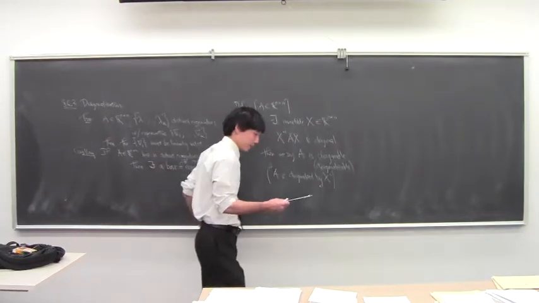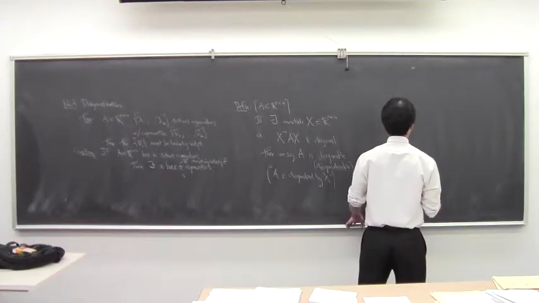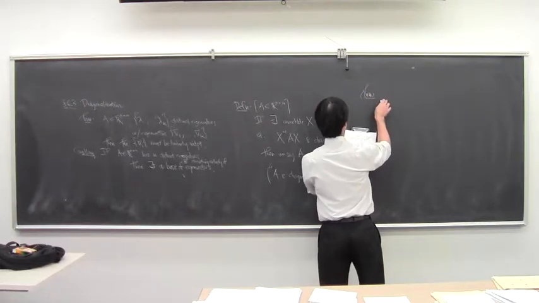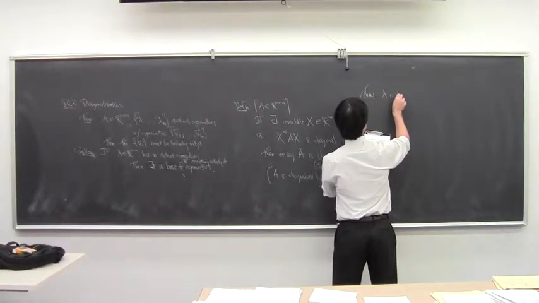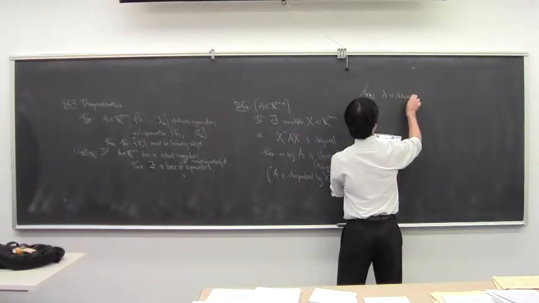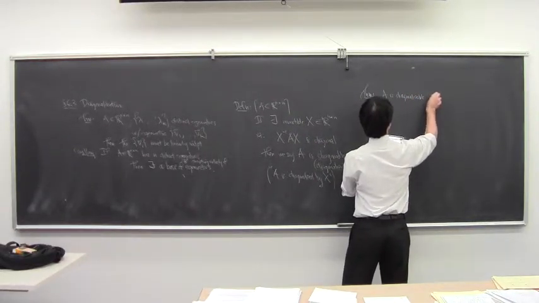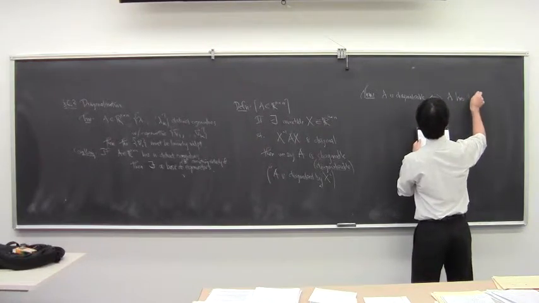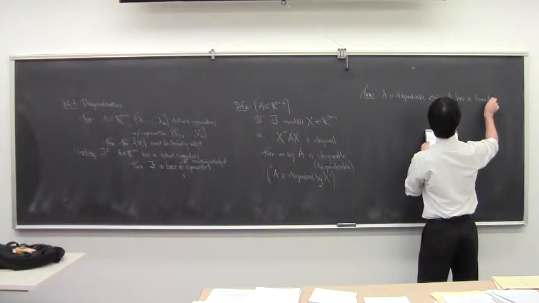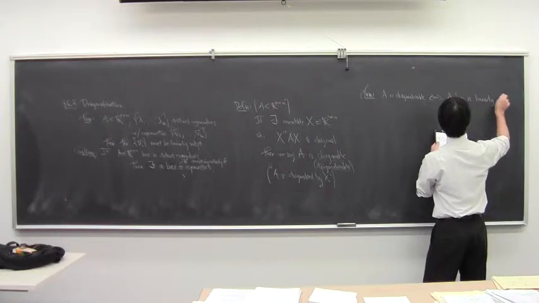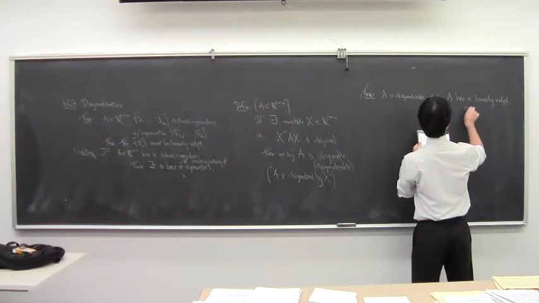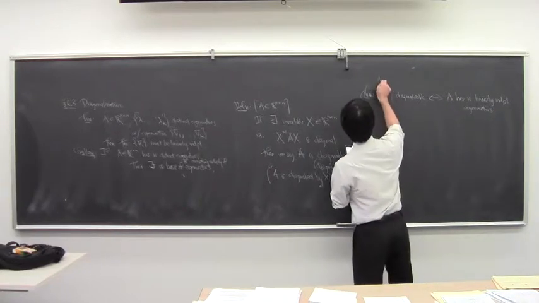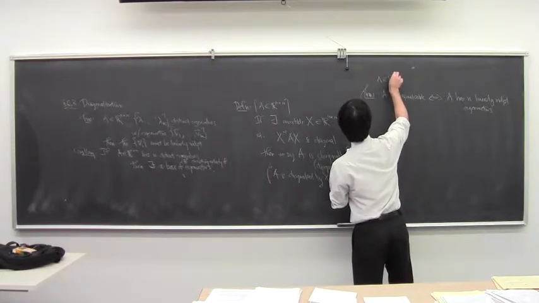Okay. Let's see. I think I have enough space here. So theorem: A is diagonalizable if and only if A has n linearly independent eigenvectors. So again, A is an n by n matrix.